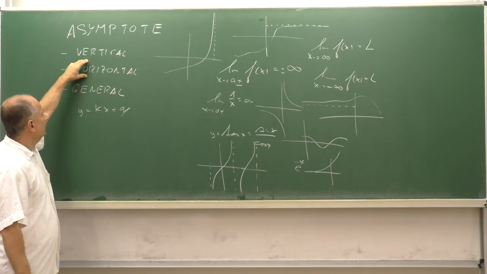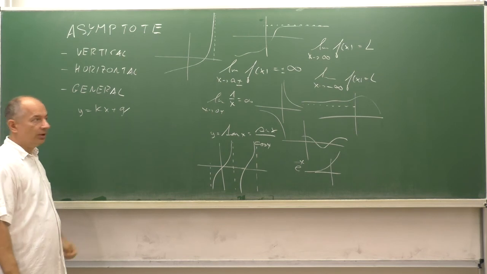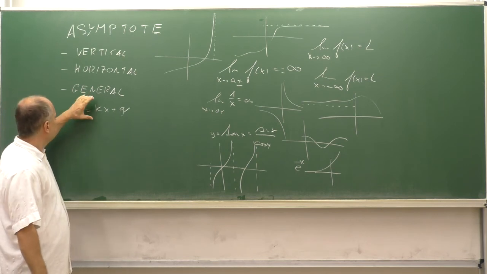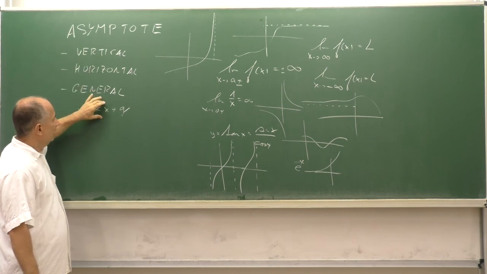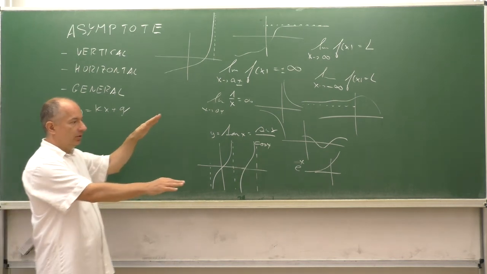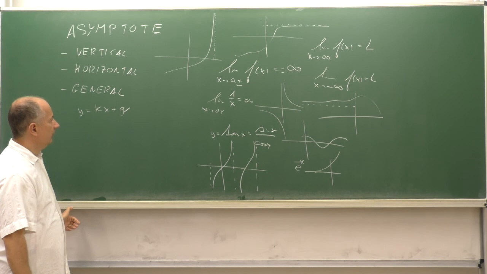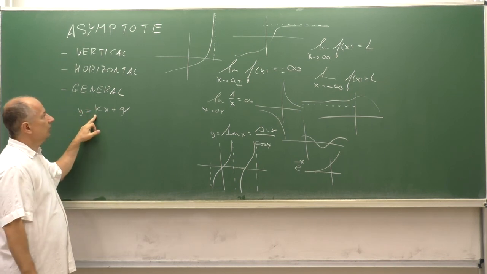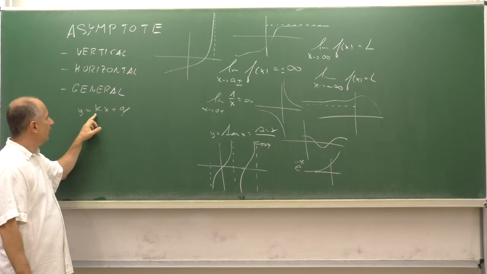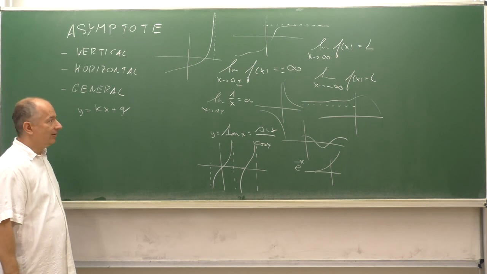If we have a horizontal asymptote, there is no general asymptote, and if we have the general one, then we don't expect a horizontal asymptote, because the function cannot approach two different lines when we go to plus or minus infinity. And now we want to find some algorithm for how to find k and q, and how to find whether the graph has such an asymptote.